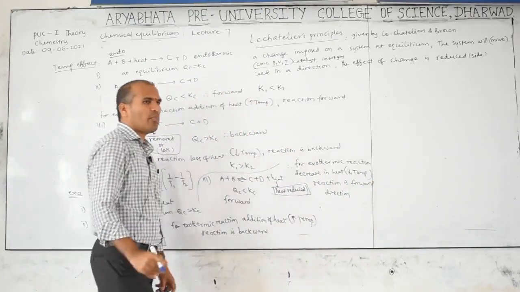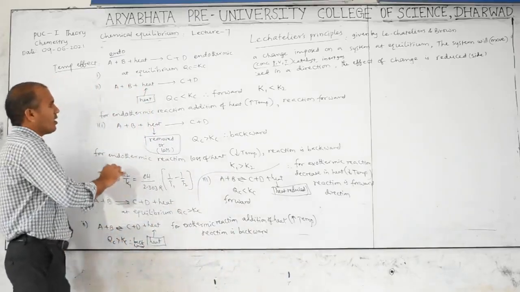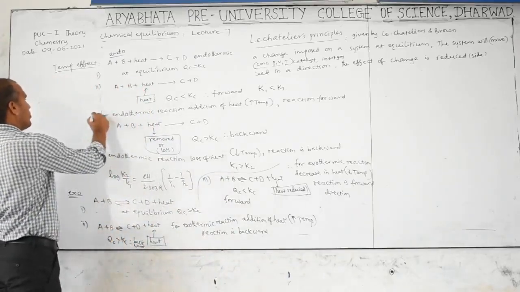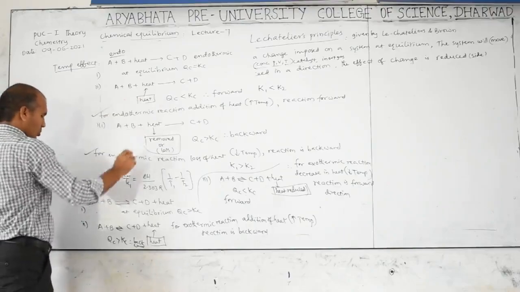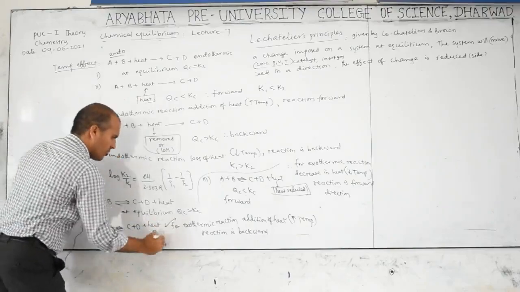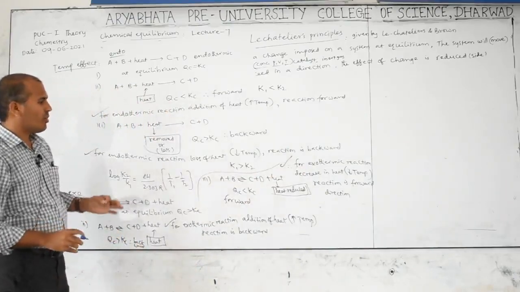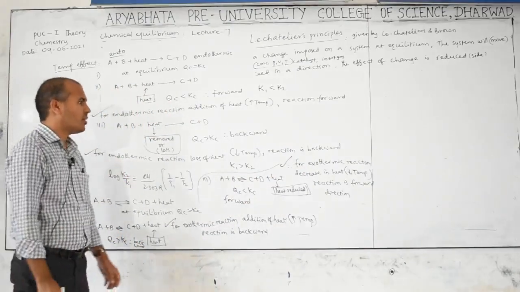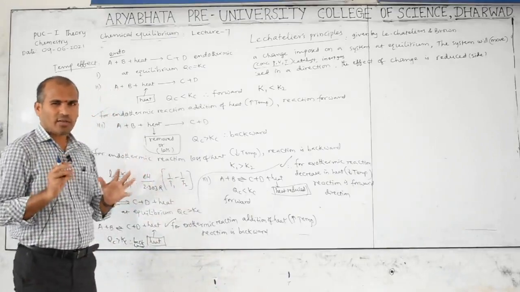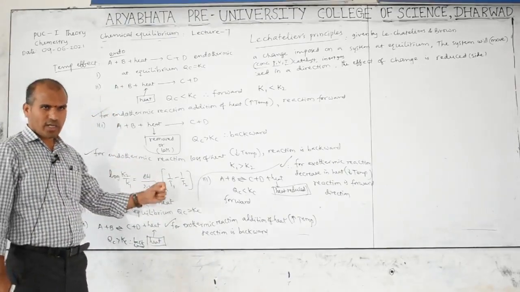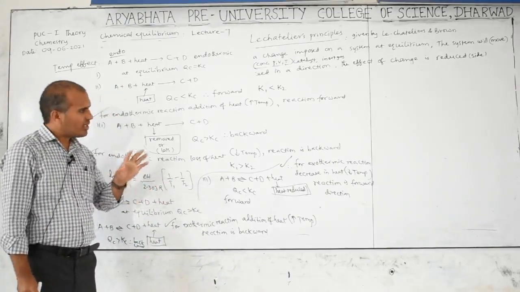This is the temperature effect. In total, how many points are there? Important points: this is 1, 2, this is 3, this is 4. These points you have to remember, very important. So keep in mind, this is nothing but addition of reactant, addition of product, same only.